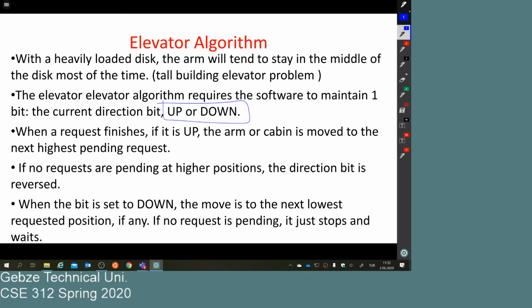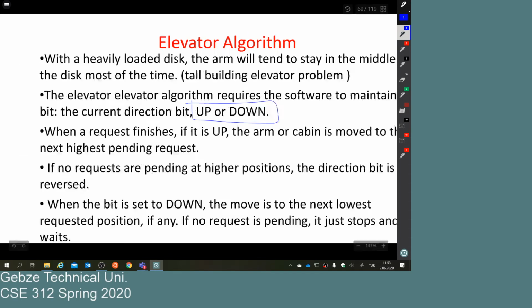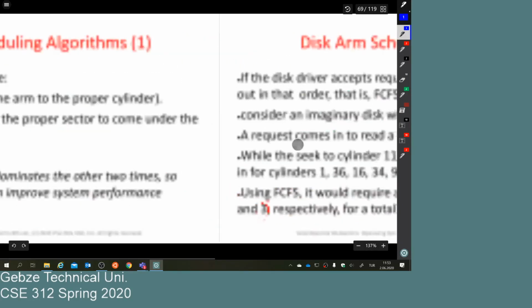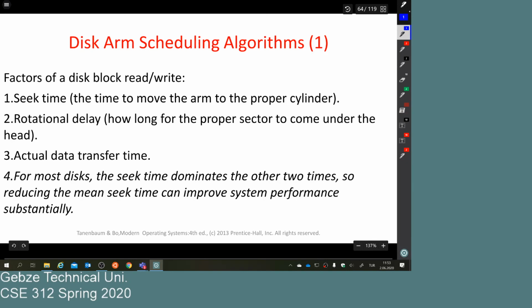And again, I need to stress this out. All of these algorithms are for mechanical disks, like this one. But these are all going away. Instead, we have solid state drives. With solid state drives, there are no seek times, there are no rotation times. Of course there are data transfer times. If I go to the slide again, there are no seek times, there are no rotational delays.